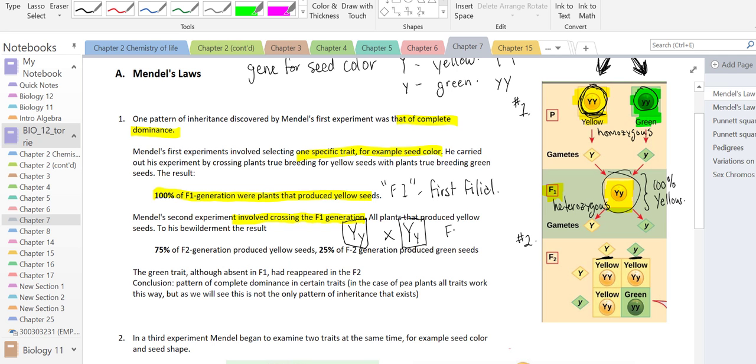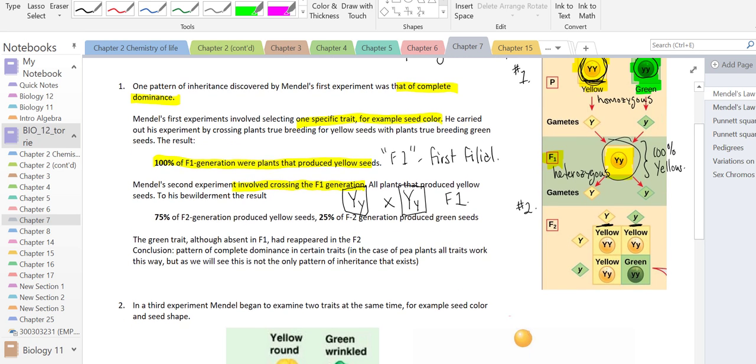These were, in fact, the F1 generation, right? And so again, he doesn't use these letters. He doesn't know about one being homozygous, one being heterozygous. He just crossed the two F1 plants. And what he got was something that looked like this. Again, he didn't see these different genetic makeups. He just saw that essentially three out of every 4, right?